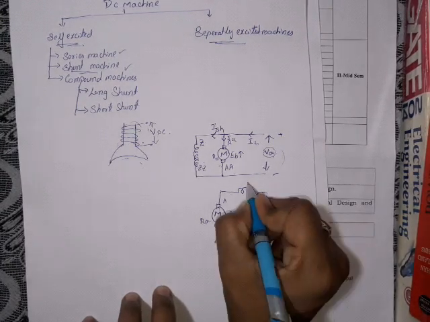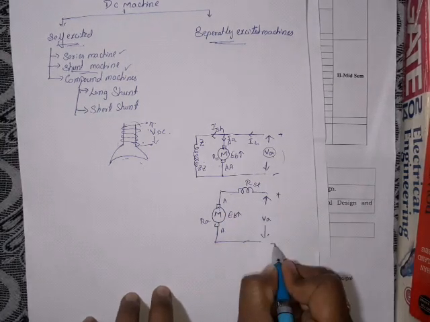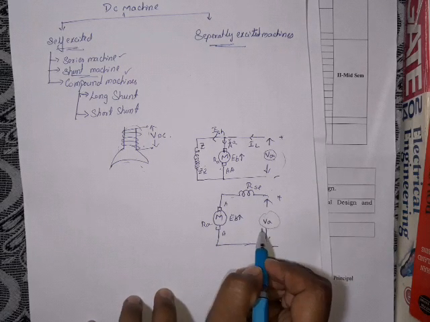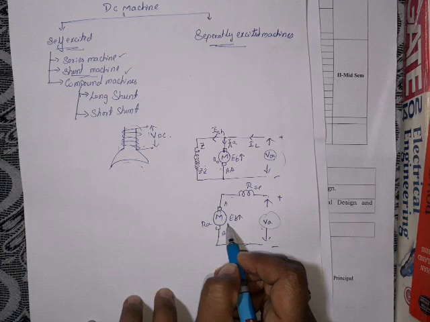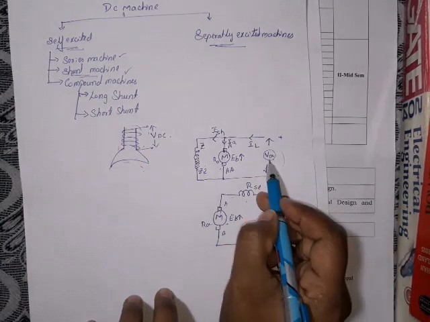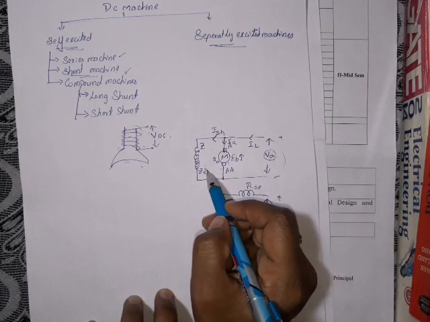So here we are applying the supply, VA, plus minus. See, here also same thing. We are applying the same common voltage for both armature and series field winding.